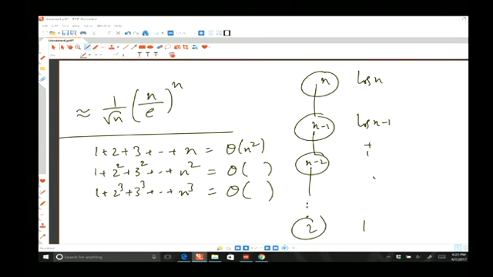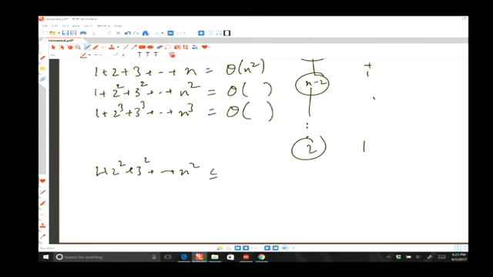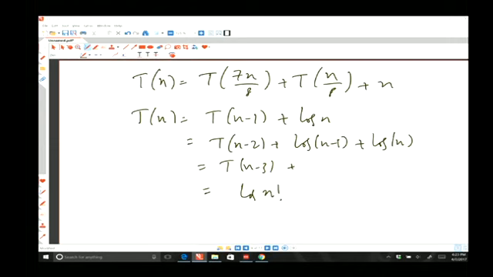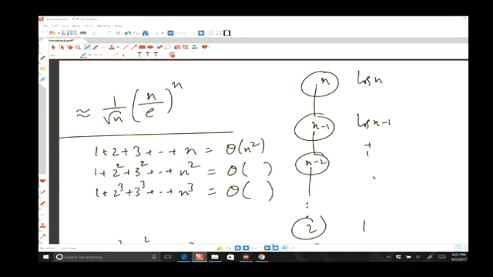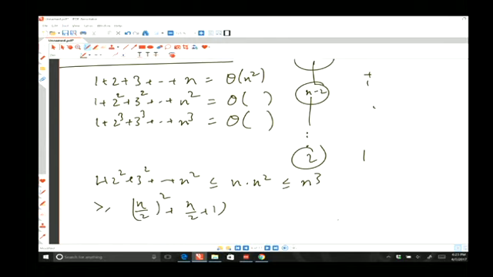All I'm saying is, I claim 1 plus 2 square plus 3 square up to n square is less than n times n square, do you agree? It is greater than n over 2 square plus n over 2 plus 1 square up to n square, because I'm taking only some of them.